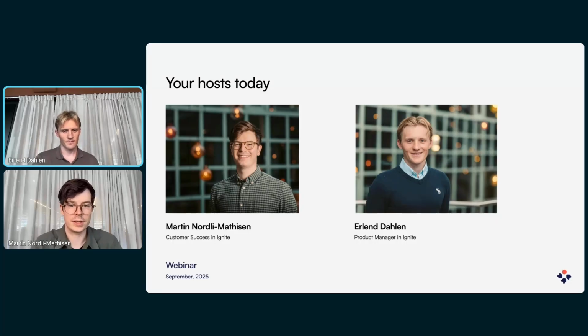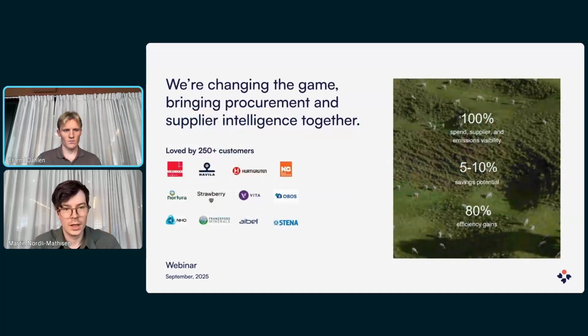And of course, the topic of today is going to be AI contract extraction and how we can do that in Ignite currently. So AI contract extraction is tied to some of our core principles in Ignite. We've built Ignite from the ground up to be the place where procurement and supplier intelligence harmonizes to provide you with all the things you need to make good strategic decisions, right?